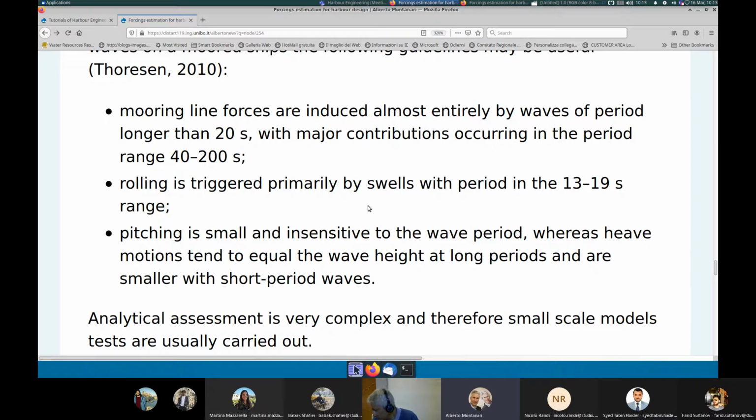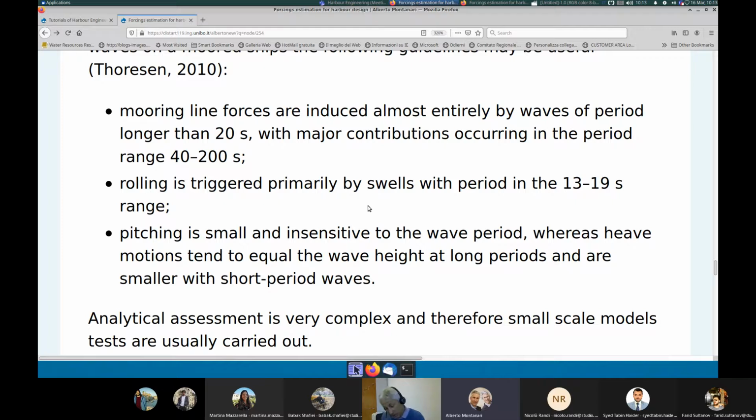Because waves originate an irregular forcing, so the elastic reaction of the mooring lines and the elastic reaction of the berths play a more relevant role. With wind, we have a constant forcing, so you have a constant resulting force against the ship, and therefore elasticity is less important.